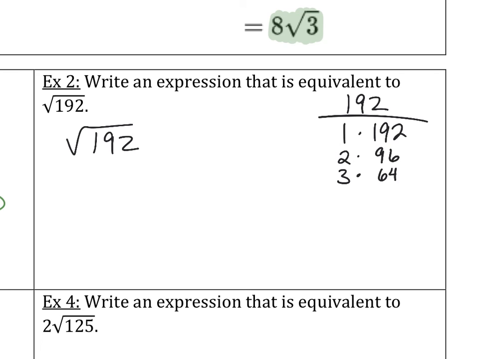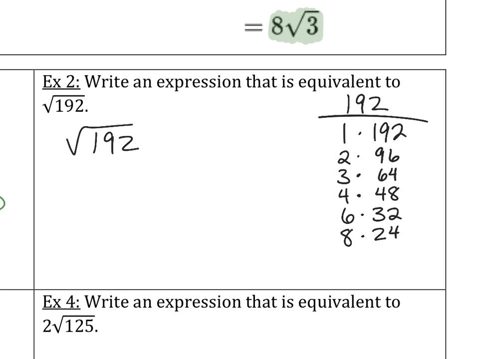How about 4? 48. How about 5? 5 doesn't go. Okay, 6 times 32. 7? No. 8? 24. 9?